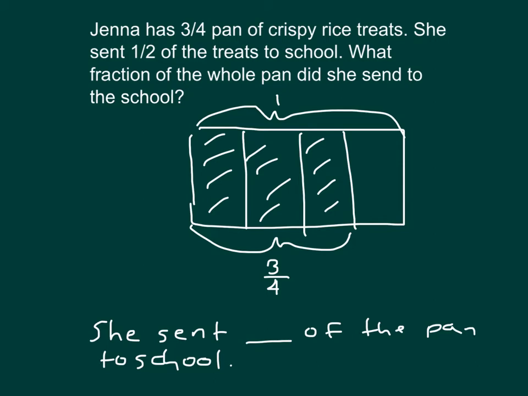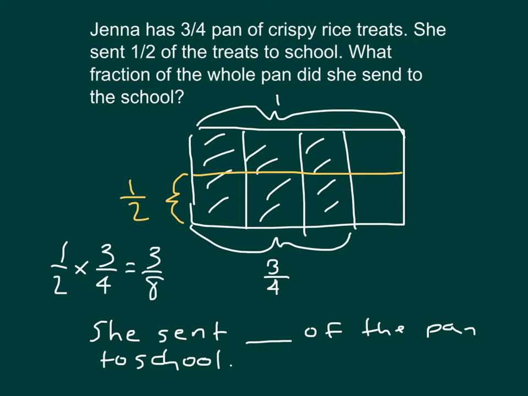And then she ends up sending half of that over to the school. And then in sending half, we go half of that amount there. And then so we're looking at the equation of 1/2 times 3/4, which will equal 3/8. So she sent 3/8 of the pan to school.